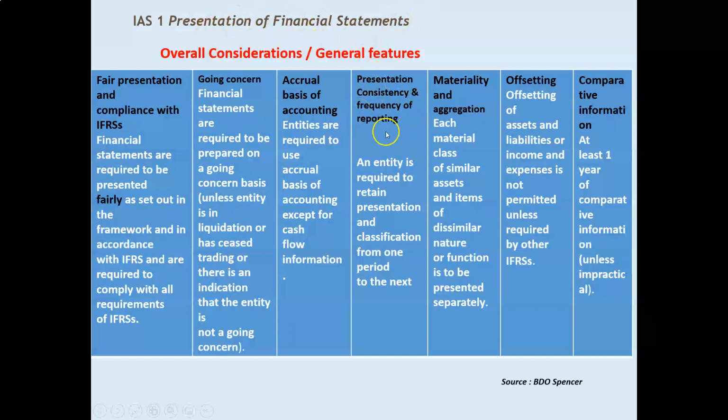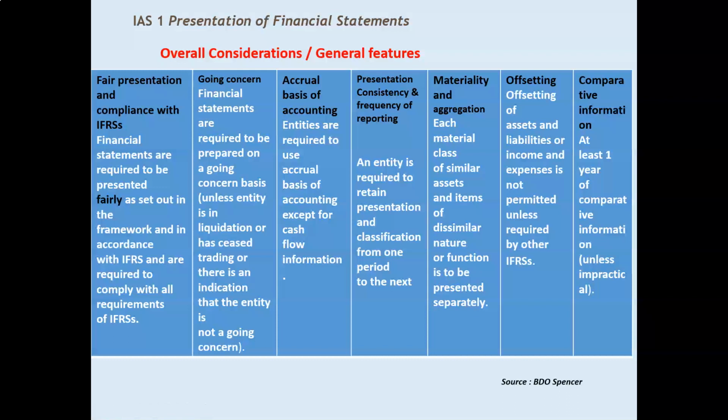Frequency of reporting. Well, if you're a listed company, you have to report your financial results. You have 6 months after year end to report your financial results. But it doesn't matter whether you're listed or not listed. It is a requirement that at least for every financial period, which is 12 months, you have to report thereafter the financial statements of the entity.